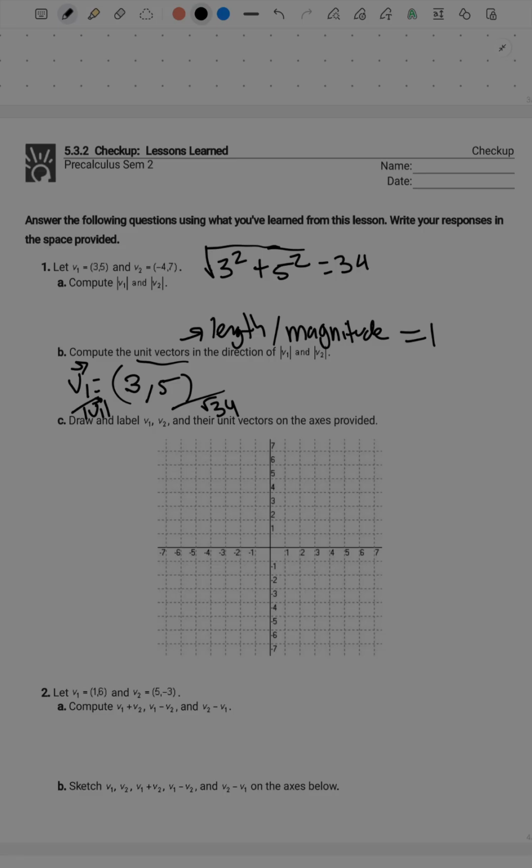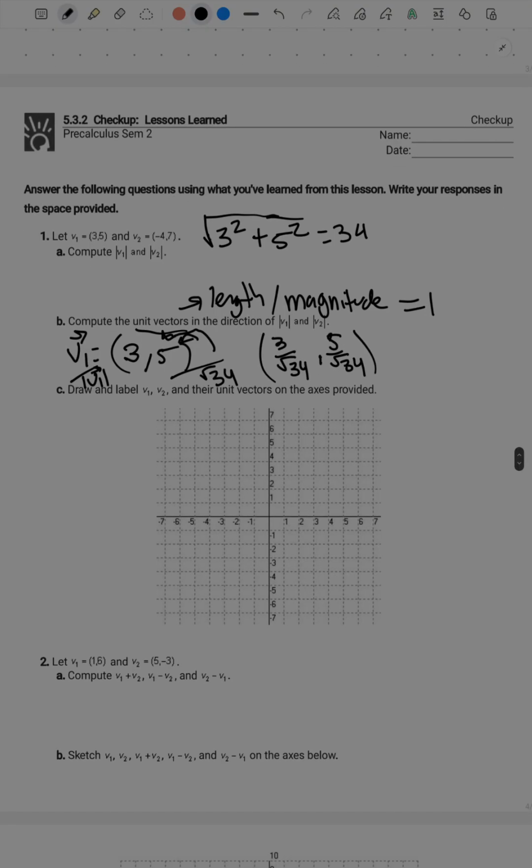And that's how you get it. And then you can move the magnitude inside. So you can have 3 over the square root of 34 and 5 over the square root of 34. And again here, they're using parentheses to denote vectors. Sometimes you'll see the angle bracket notation.